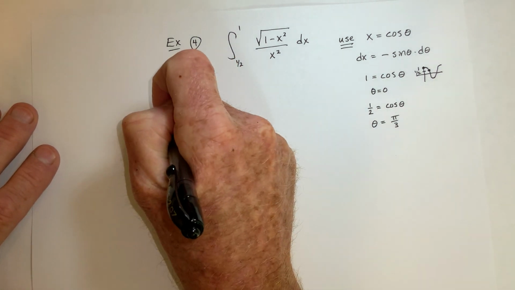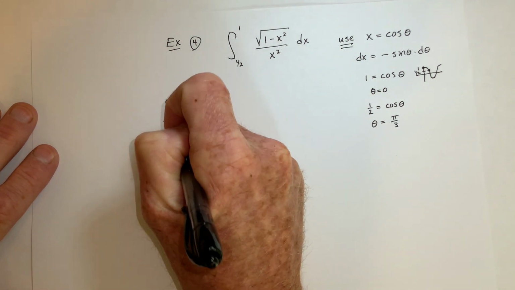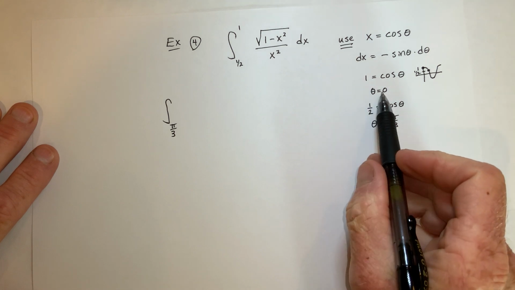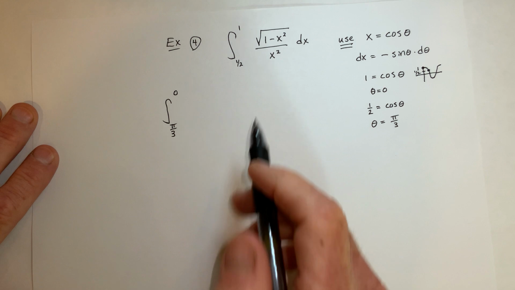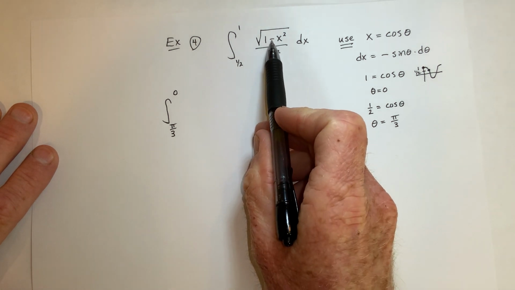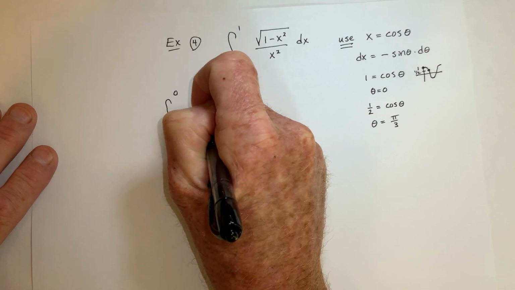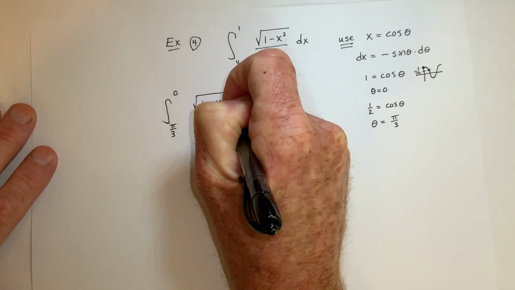So what's this going to look like? All right, so in place of the half, use pi over 3. In place of x equals 1, we're going to use theta equals 0. And then this part is going to be the square root of 1 minus cosine squared.